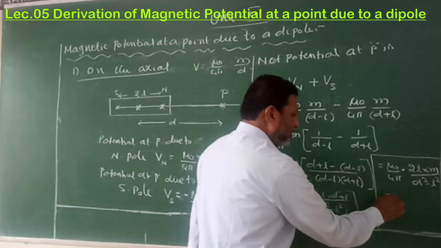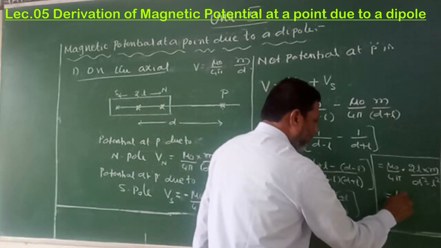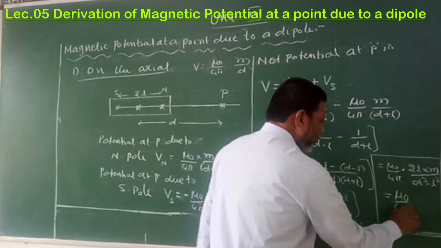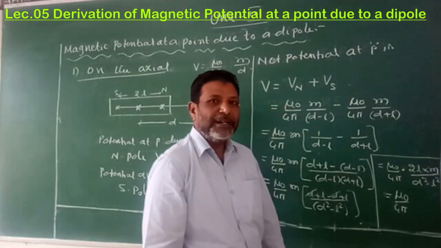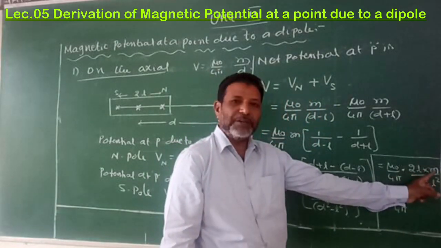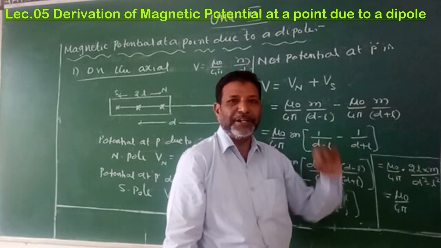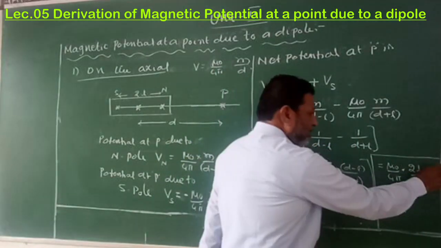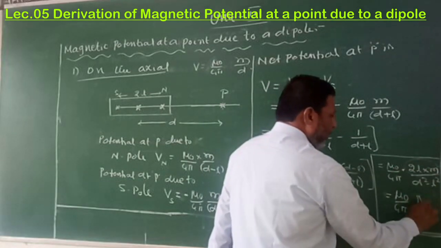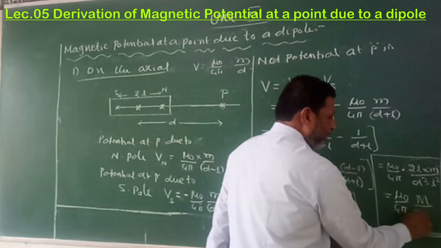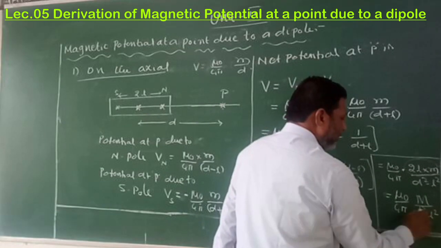And next, this is equal to mu naught divided by 4 pi, the constant that I will write as it is. And you know that the product of the pole strength and magnetic length is nothing but the magnetic moment. Now this is equal to m divided by d square minus L square.